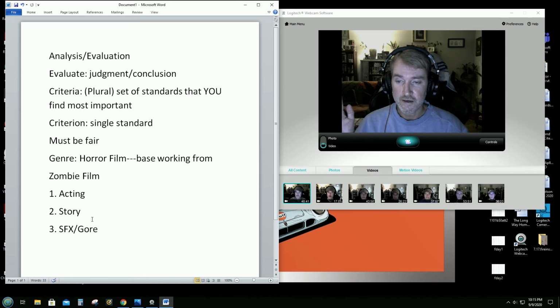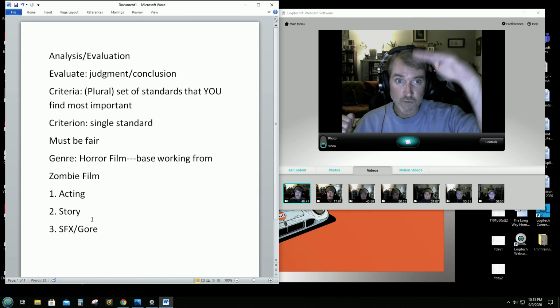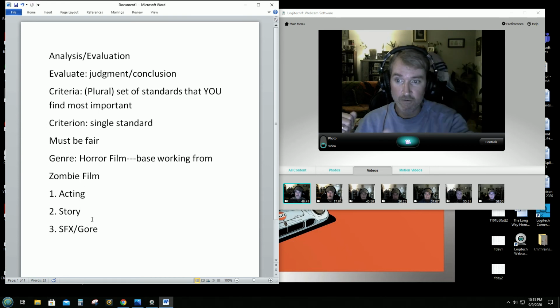But I think that the acting for this type of film is really high level. I'm not comparing it to Oscar winners, or to On the Waterfront. I'm comparing it to other horror films of this time period. The acting is way above the average horror film for this time. So I would use those three as my specific examples.